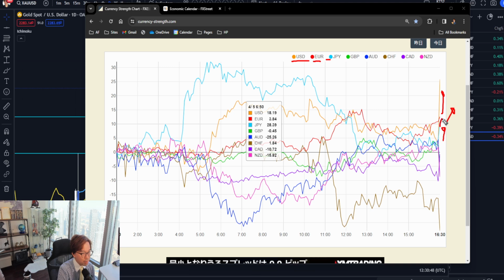Okay, pound is also up, pound is also bought, and AUD is down, AUD is sold, and the Swiss franc is sold. Okay, Swiss franc sold. And CAD is now bought. The purple CAD is up, so it's bought, and New Zealand dollar is now sold.